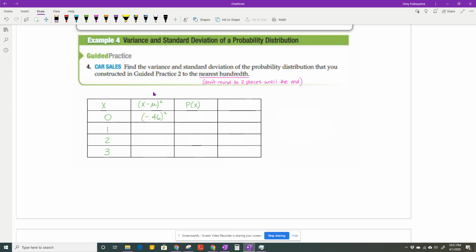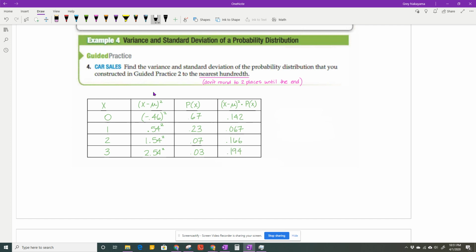So 0 minus 0.46 squared, 1 minus 0.46 squared, 2 minus 0.46 squared, and 3 minus 0.46 squared. These are the probabilities that we got for each one. So I'm going to multiply across. That's what this is saying. It's multiplying column 2 and column 3, and I get these numbers.